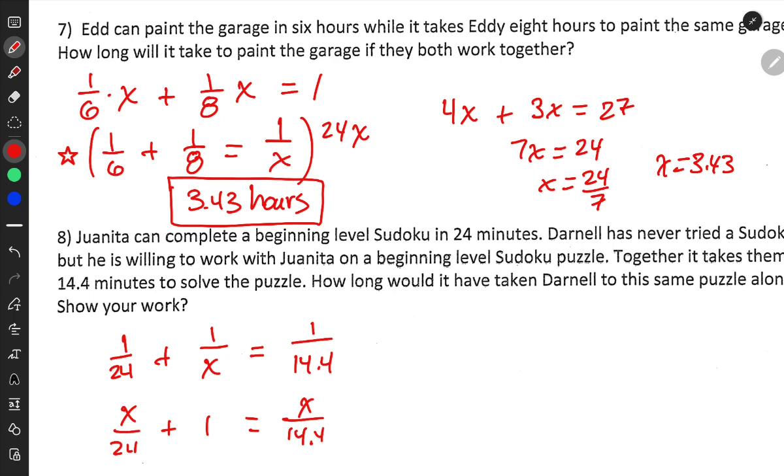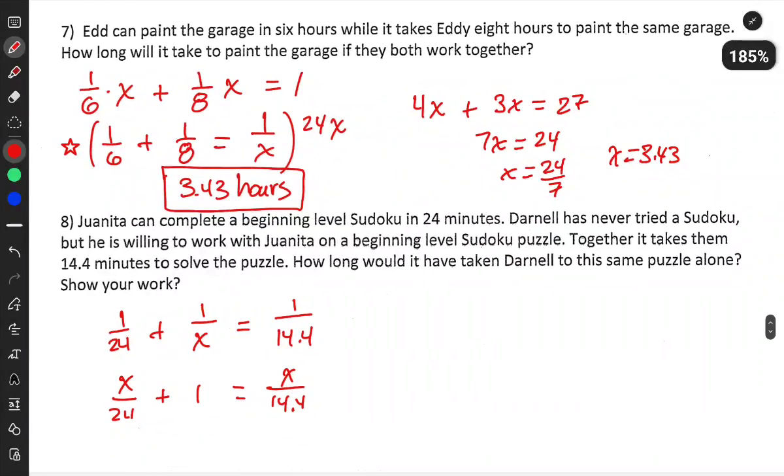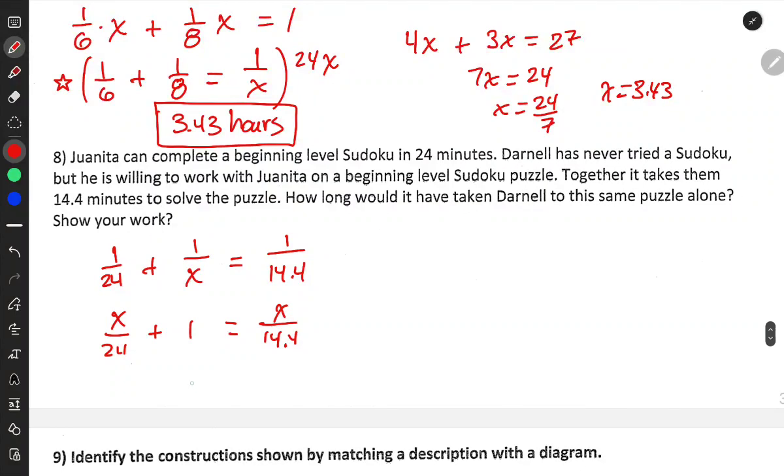Okay. Don't know where I'm going with that. Trying to solve for x. I'm going to subtract x over 24 from both sides. So I get the following. I get 1 is going to equal x over 14.4 minus x over 24.